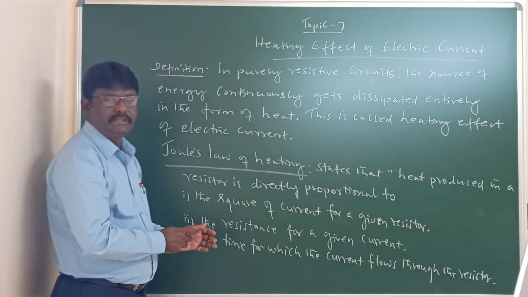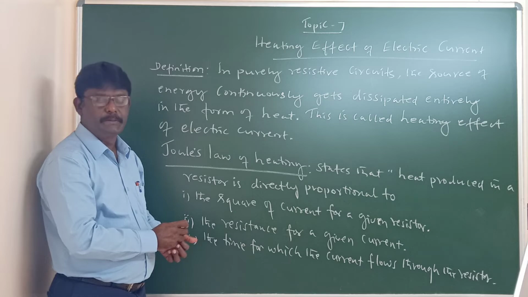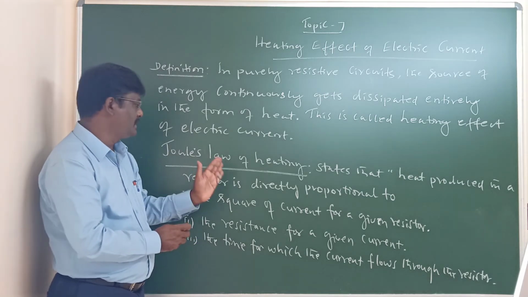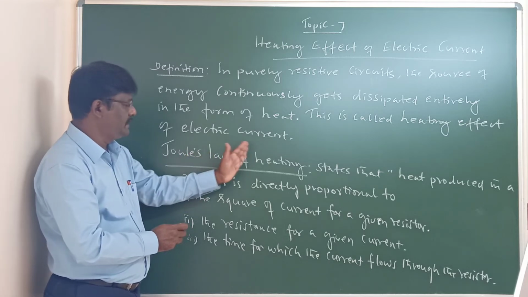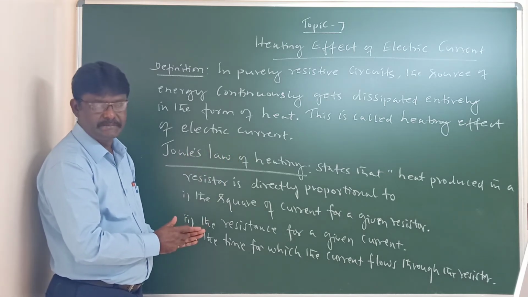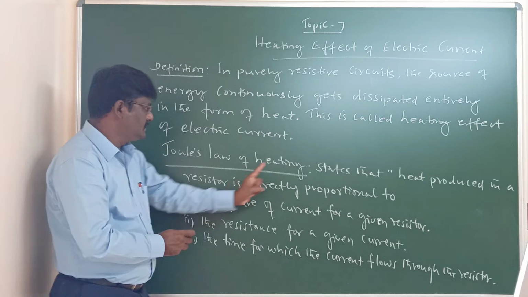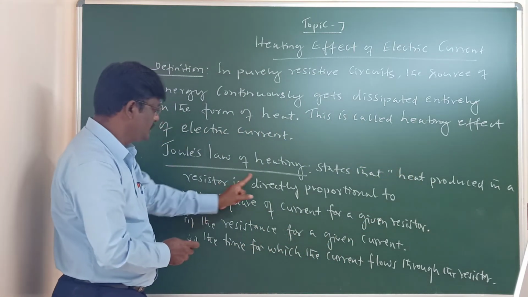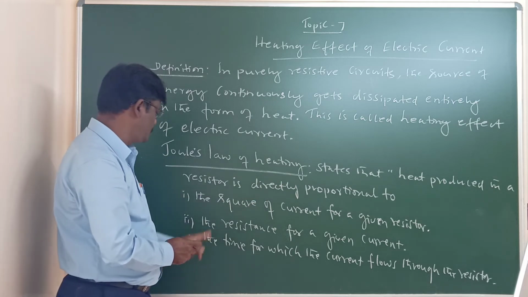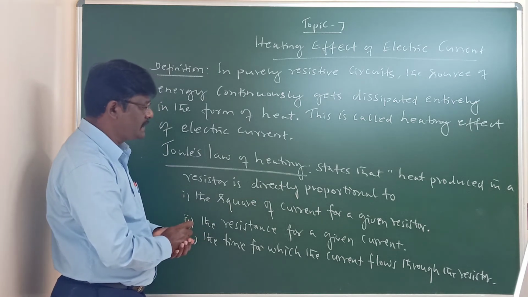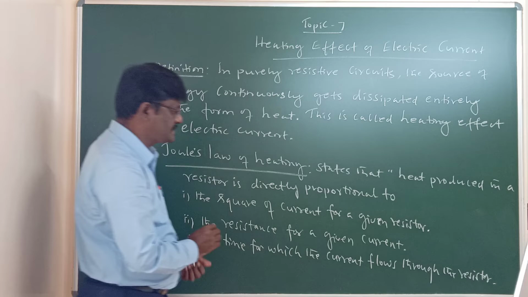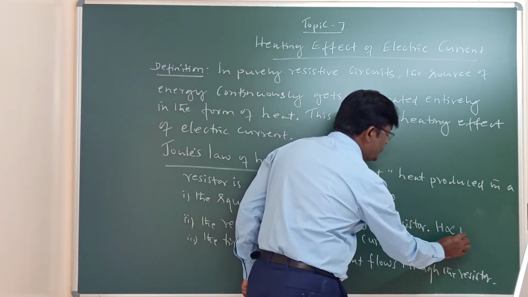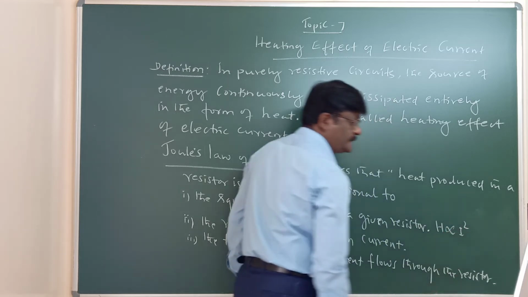If so, then that heating effect depends on some factors. Which are those? That is given clearly by Joule's law of heating. This law states that the heat produced in a resistor is directly proportional to the square of the current for a given resistor. Mathematically, we can write like this: H is proportional to I square.